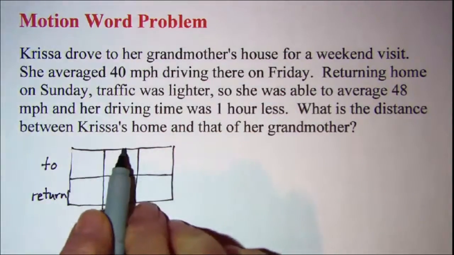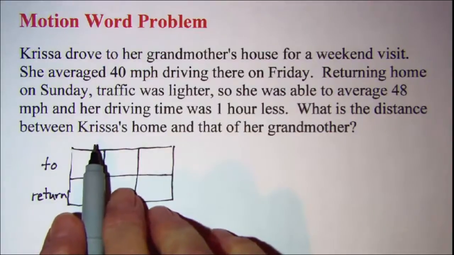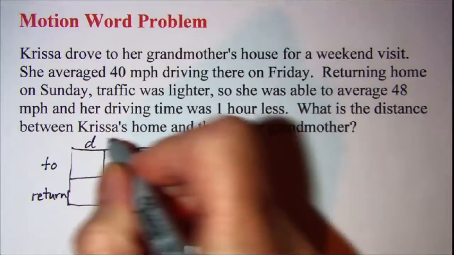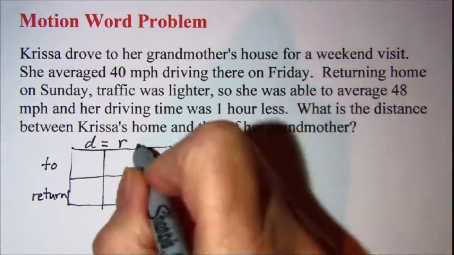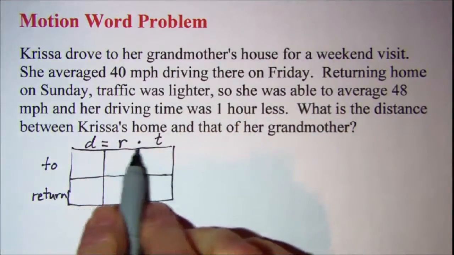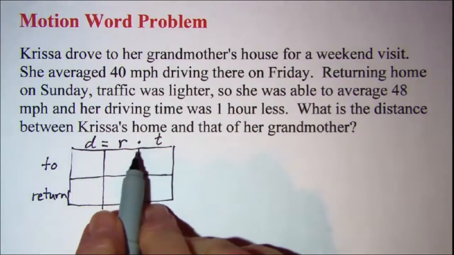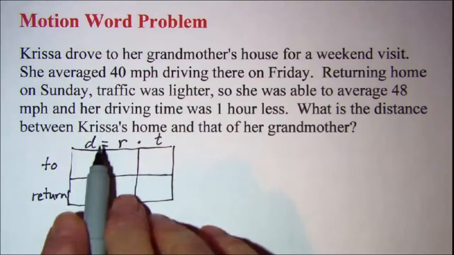The columns I'm going to label with the equation that relates all of the variables. We know that distance, and I'm calling that d, is equal to the rate of speed times the time. So distance equals rate times time is the equation that relates all of our variables. We can call this a dirt box, if you like.